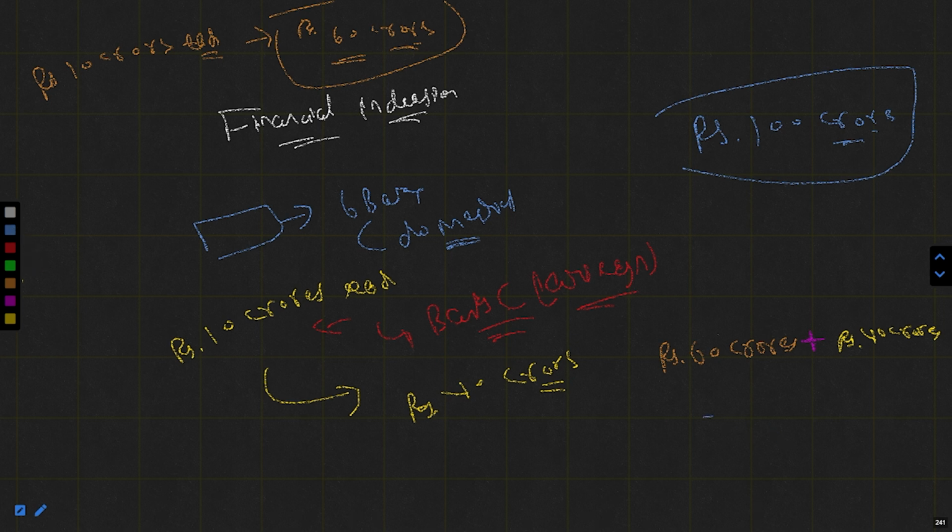Now the total is rupees 100 crores. The demand was for this amount, right? That's how this could be helpful for financial inclusion, because we do not have to pressurize only our domestic banks, but we could also take advantage of the foreign banks operating in India.